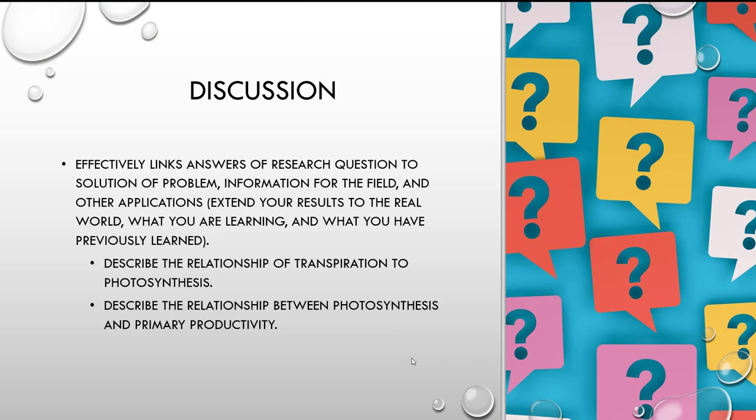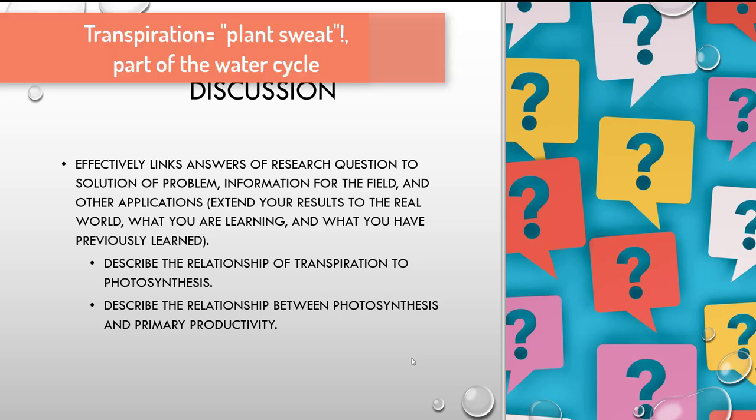Next, as part of the discussion, we want to effectively link answers of the research question to solutions of problems. In terms of this, we want to describe the relationship of transpiration to photosynthesis. So what is transpiration? Transpiration is basically where plants are kind of sweating, right?